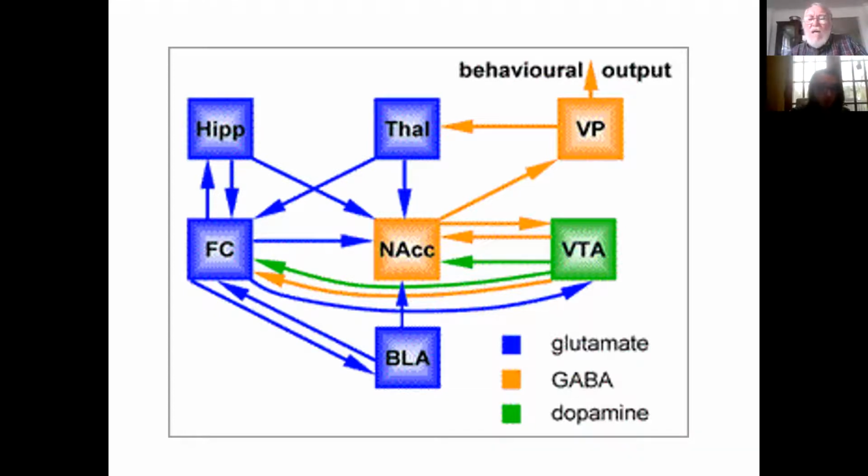So now here's a guy on amphetamine or cocaine, and the nucleus accumbens is getting stimulated with dopamine. It then gets activated through a disinhibitory mechanism that inhibits the ventral pallidum and releases behavioral output. So what do you have with a person on cocaine or amphetamine?